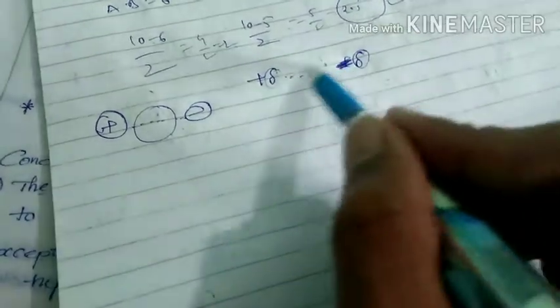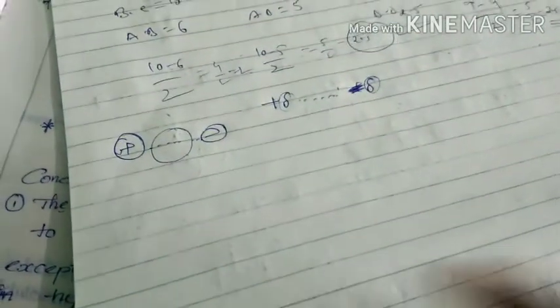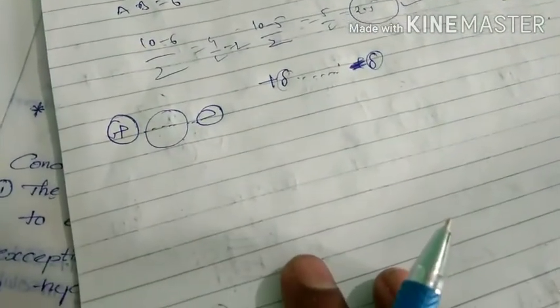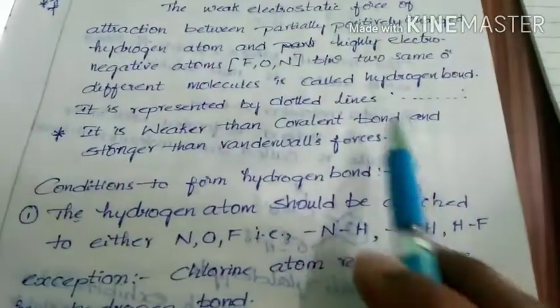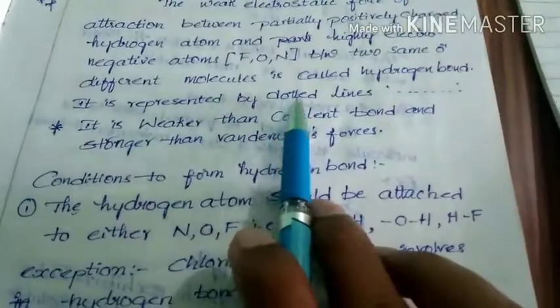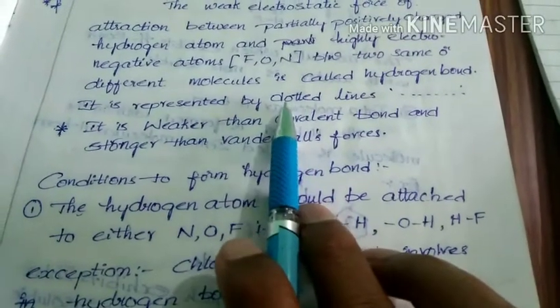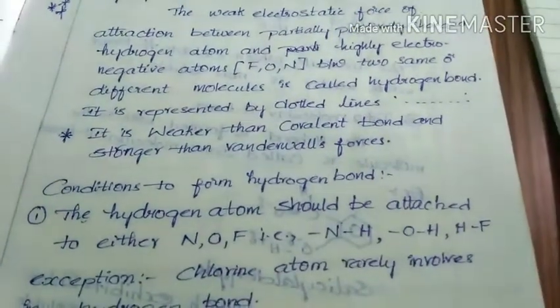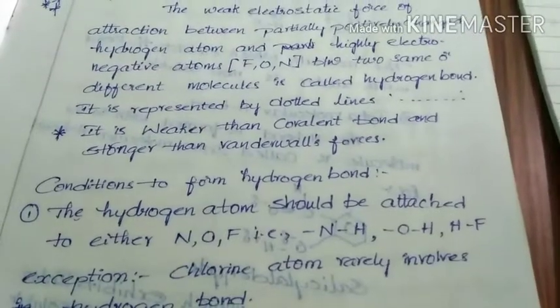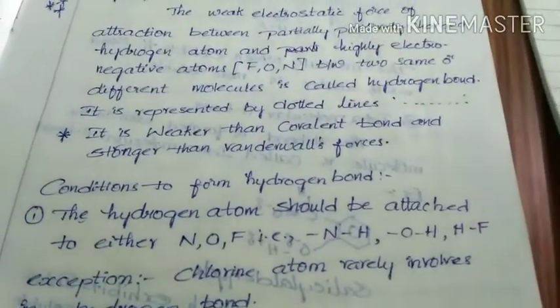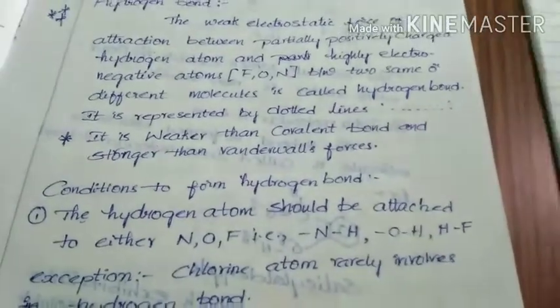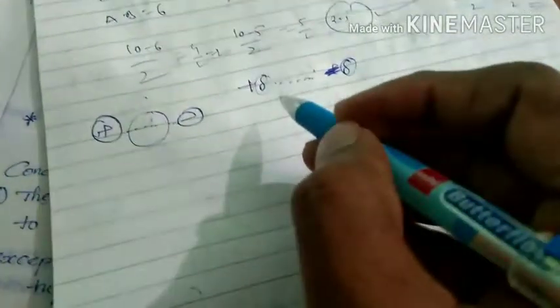Though because of those attractions, one bond will form. That bond is called what? Hydrogen bond. That should be formed between two same or different molecules. That partial positive charge should be exhibited by hydrogen, and that partial negative charge should be exhibited by either fluorine or oxygen or nitrogen.